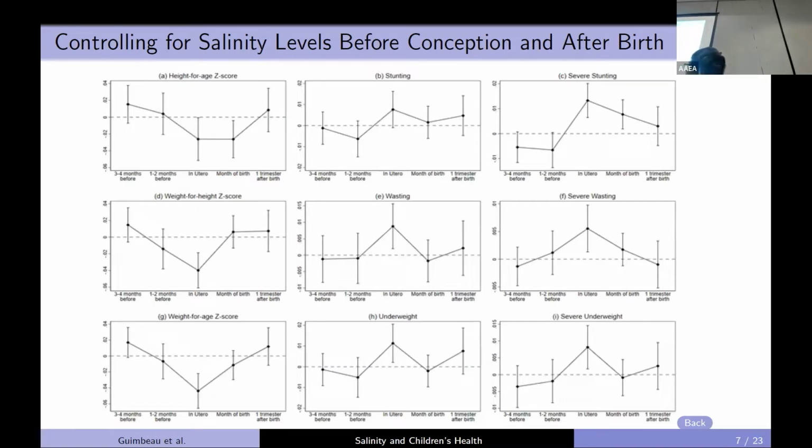What we see here is that in all of these 9 metrics that we care about, the impact seems to be concentrated exactly during the in utero period, and in some of these on the month of birth. Month of birth is not measured precisely, so maybe some later in term kids are having this. But the impact seems to be concentrated during the in utero period.